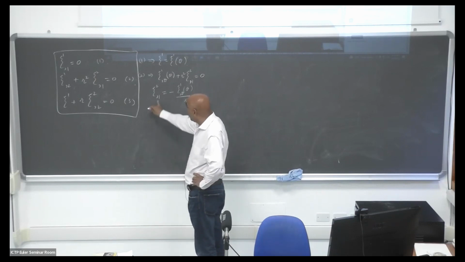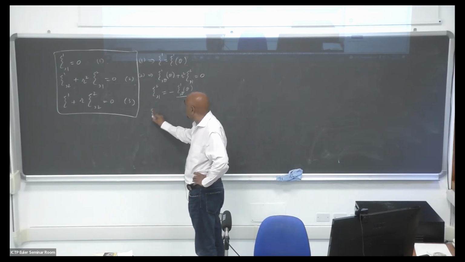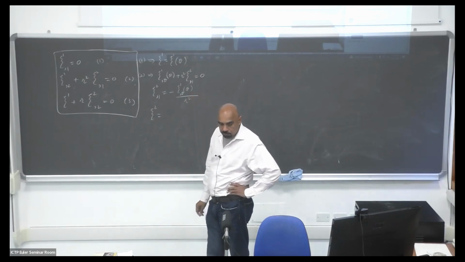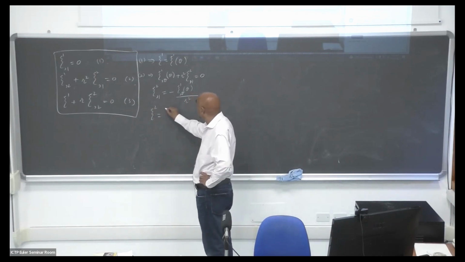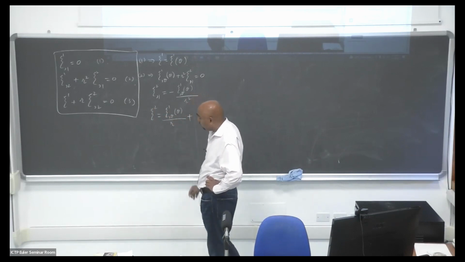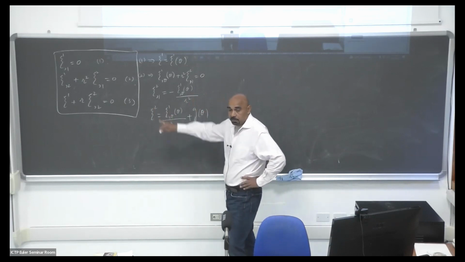So I integrate it with respect to r. Integrating with respect to r gives us xi 1 comma theta, a function of theta, over r, plus an arbitrary function depending on theta, because I integrated with respect to r.